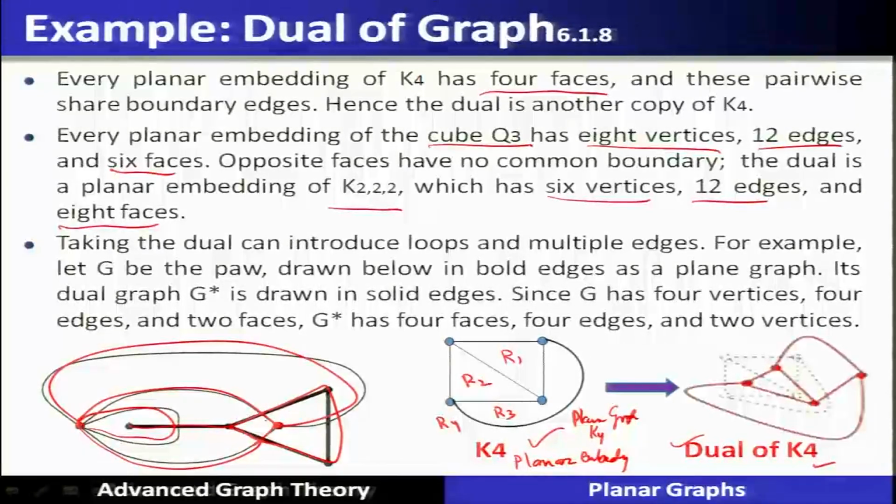So, you can see that this cut edge will form a loop. Hence, whatever we have discussed, that loops will be formed and multiple edges are also formed. So, this example shows the multiple edges. This is a loop and this is the multiple edges in the dual of the paw graph.